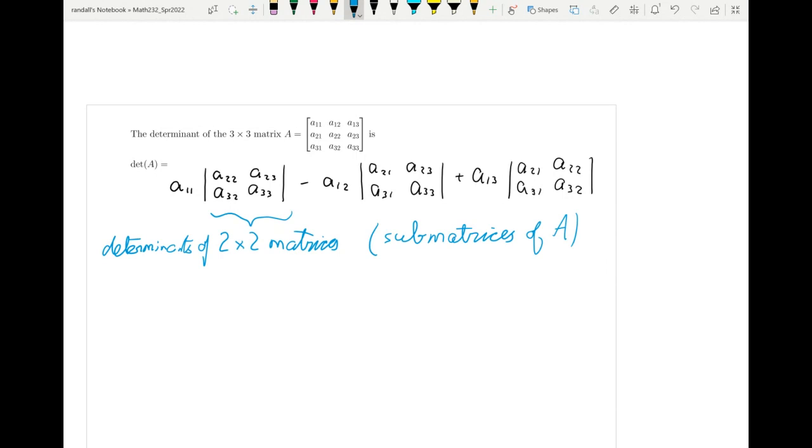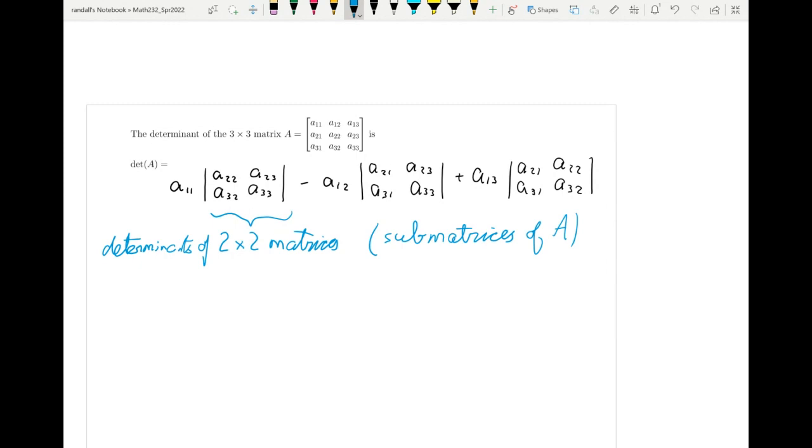Now, if you look at these 2 by 2 matrices closely, you'll see that the ordering of the entries is the same as the ordering they appear in the matrix A. We're just not writing all the terms down. So it's important to keep that in mind. We're not rearranging the order of the Aij entries. We're just selecting 4 of them in the appropriate way.